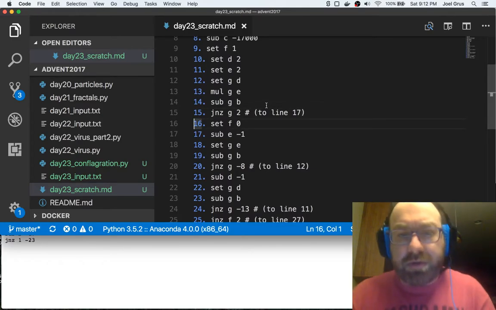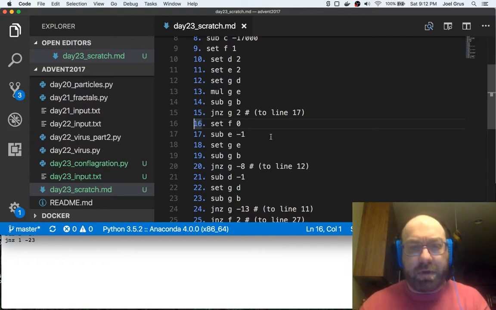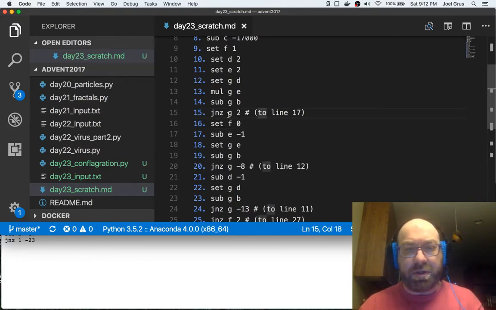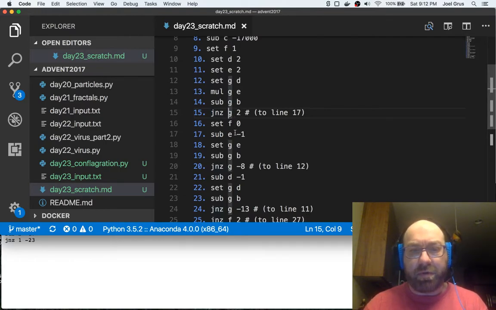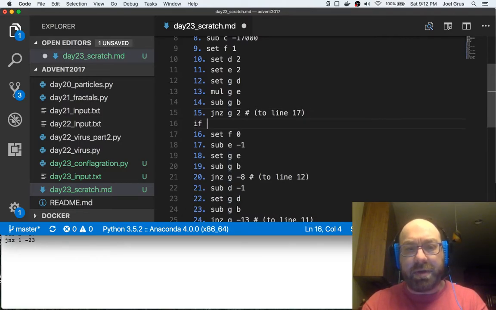And so we're just going to sort of rewrite this. And so we're going to start with all these jumps. So this jump says, look at G, and if G is not 0, skip ahead to line 17. Otherwise, go through here. And so what that really means is if G is not 0, set F to 0.